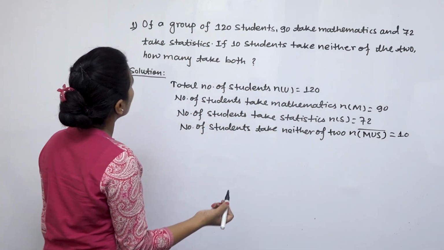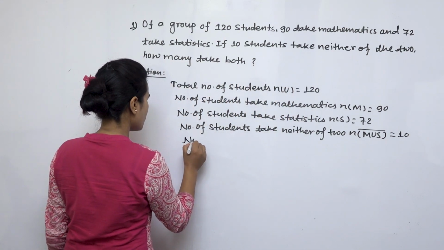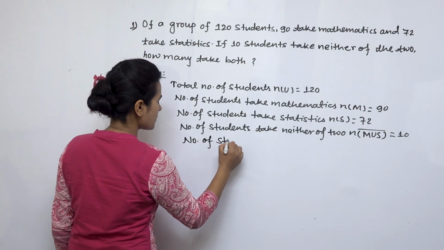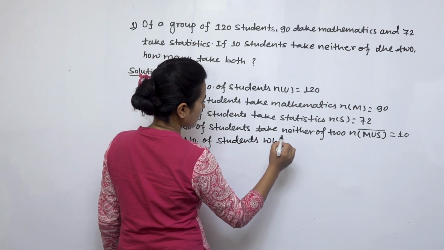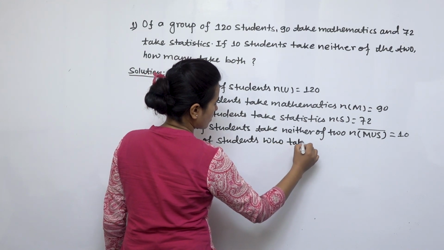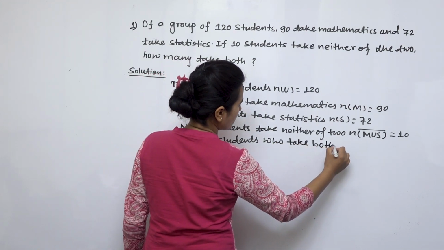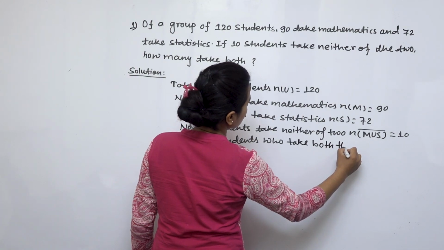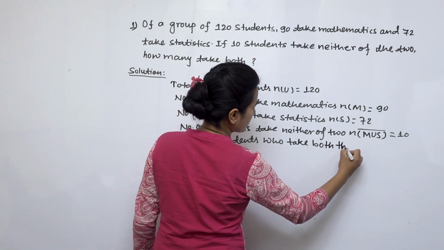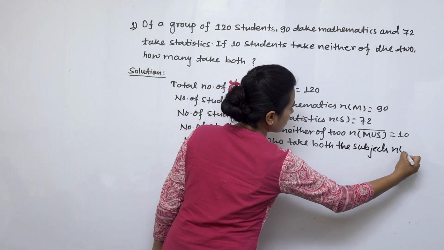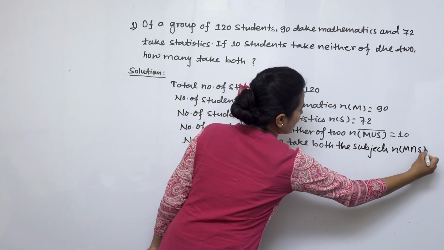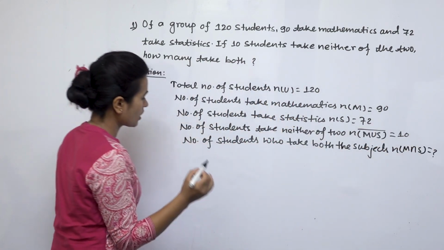So how many take both? We need to find it out. Number of students who take both the subjects, n(M intersection S) equals what?